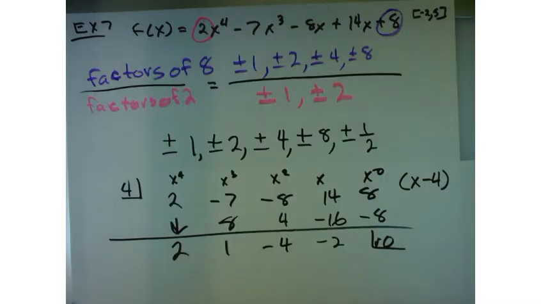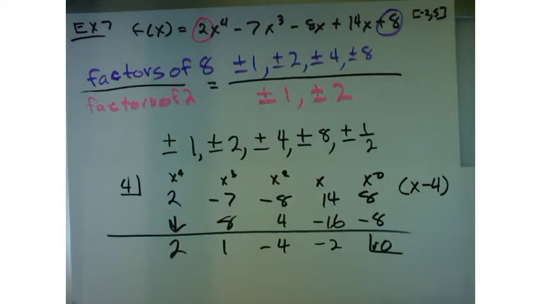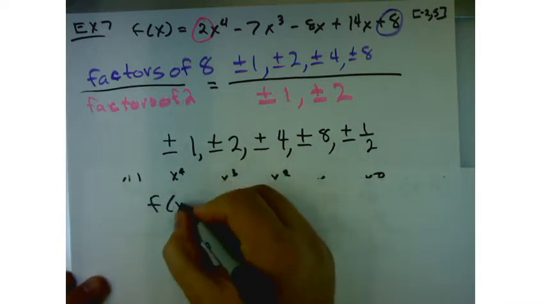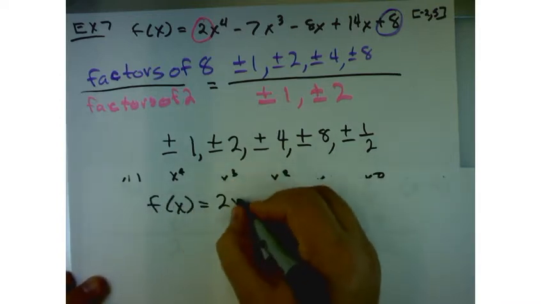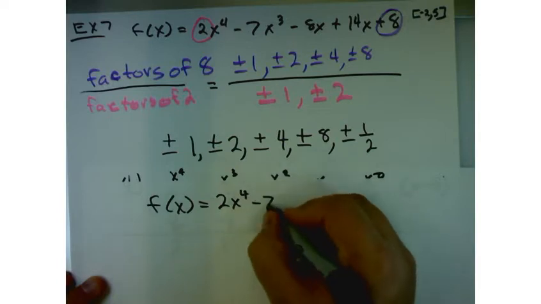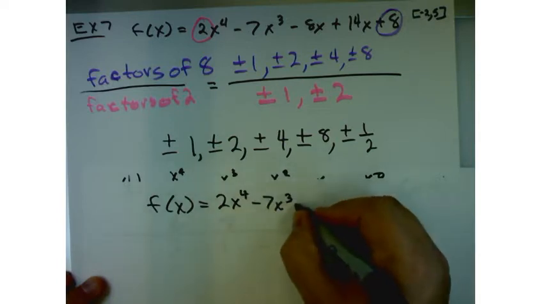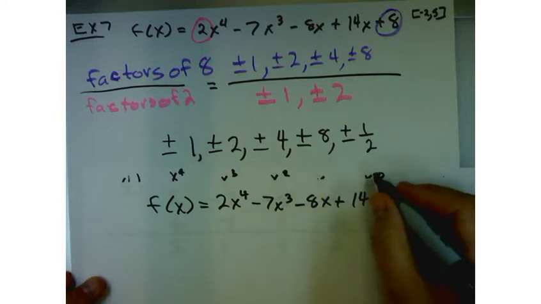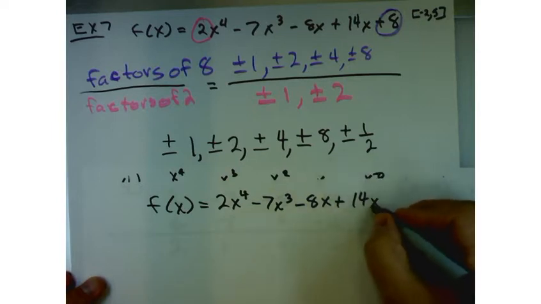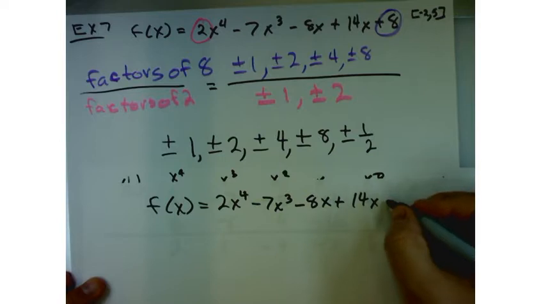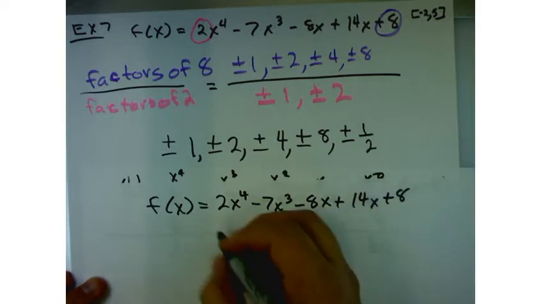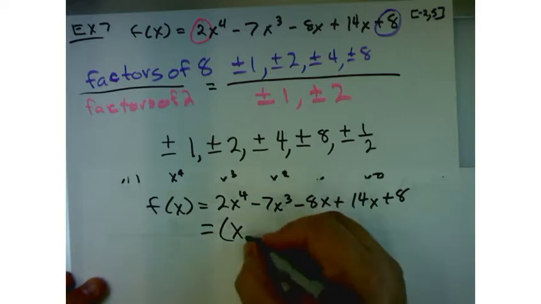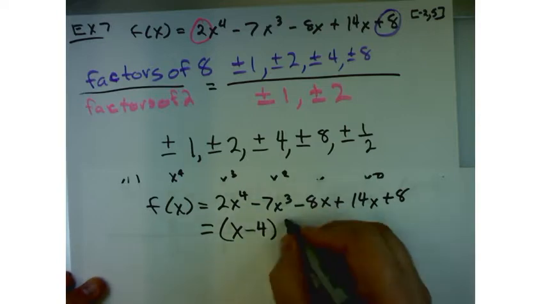Okay? So I'm going to grab a separate sheet of paper here and we're going to start factoring this. We're going to say f of x is equal to 2x to the 4th minus 7x to the 3rd minus 8x squared plus 14x plus 8, and it has x minus 4 as one of the factors.